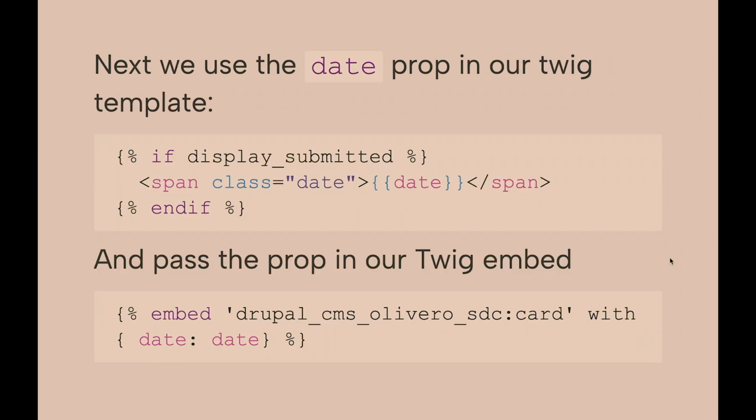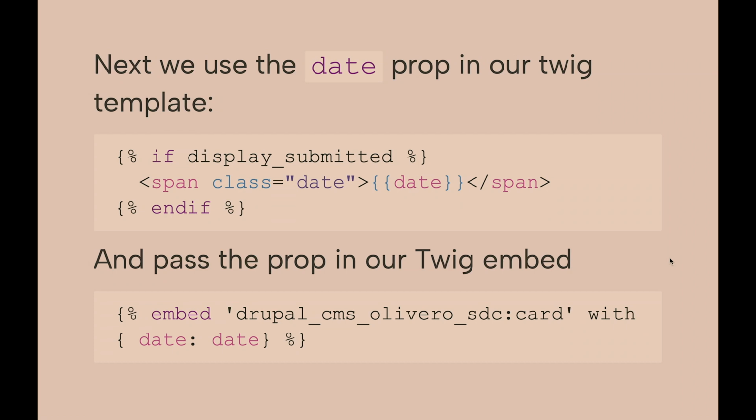And again, these are all strings, but there are other types that can be used there. And now if we want to use that in our Twig template, it is just like a Twig variable, which you are likely already familiar with. So we have the date variable that we can just place wherever we want in markup.